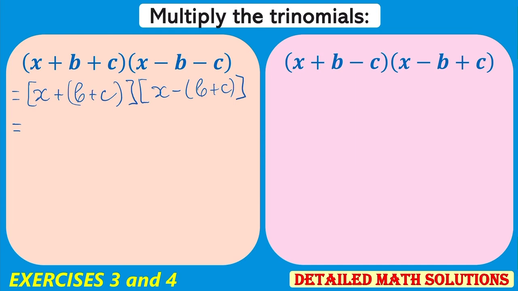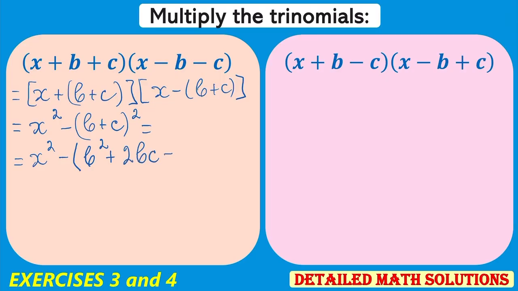When I apply it, it equals x² − (b + c)². Next, again, I'm going to use the formula for binomial square for (b + c)². When I do that, I have b² + 2bc + c².